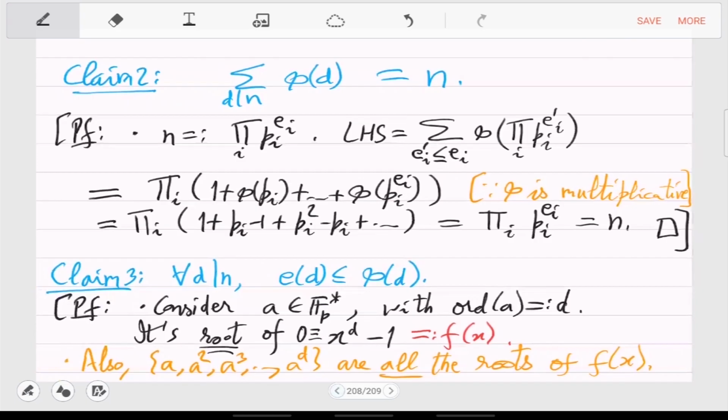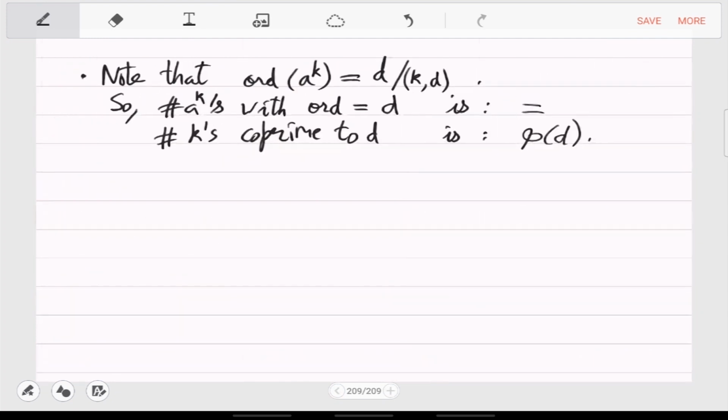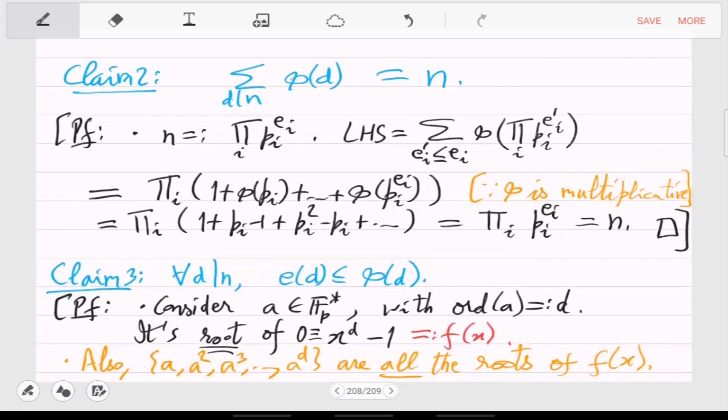So what have we shown? It seems that we have shown E of D is equal to phi of D, haven't we? We have shown something stronger than what claim 3 says.